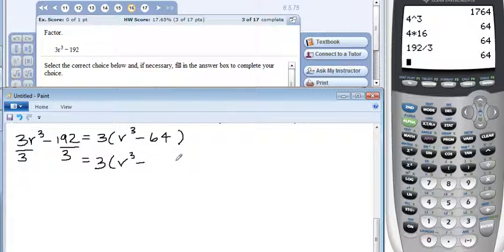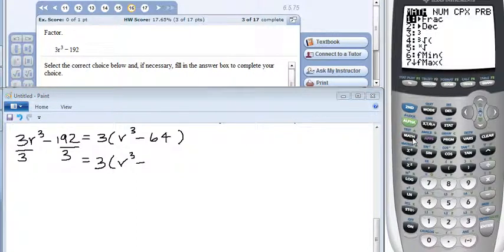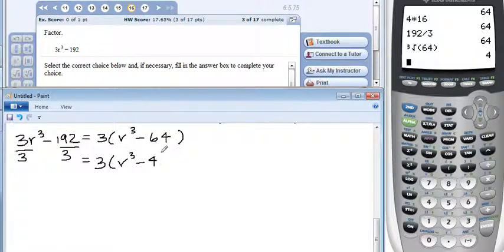What was the cube root of 64? Do you remember how to do that on the calculator? If you don't, hit the math key. Cube root is option number 4. This is just in case you don't know what it is, if it's a larger number. So we've got 4. So we've got minus 4 cubed. So here my A is r, my B is 4.